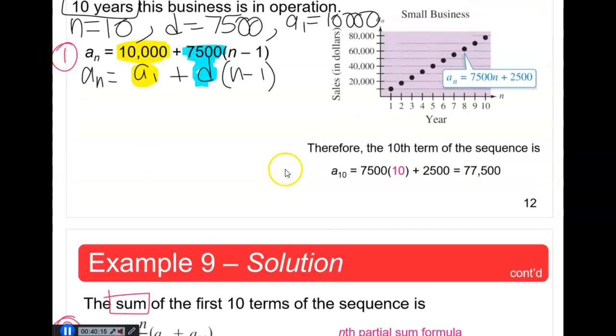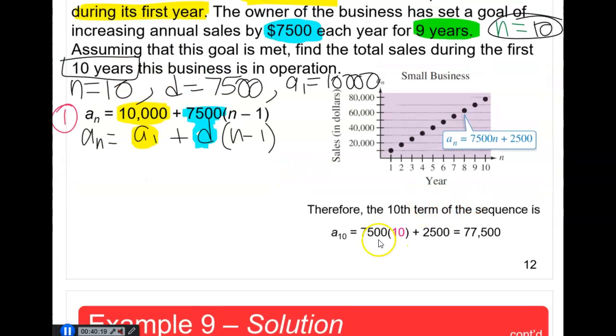So the question is not just what was the amount of the sales for the 10th year. The question is find the total sales. So that tells me right there that I'm going to have to add the first year, second year, third year, and all the way to the 10th year.